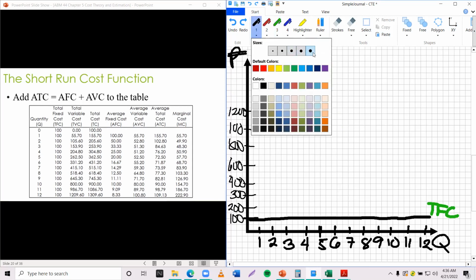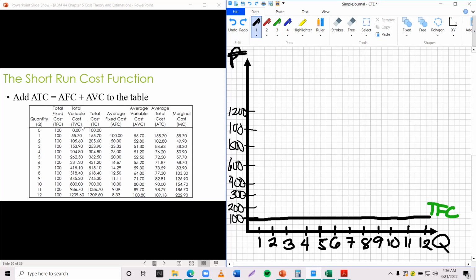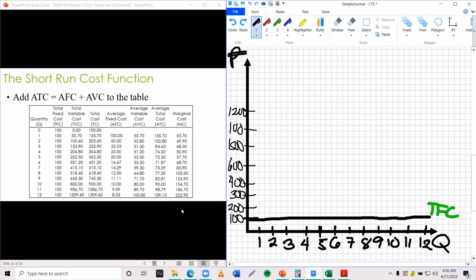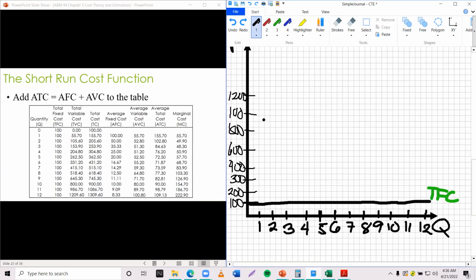So let's try to plot the other. What about total variable cost? So at quantity of 1, it is 55. So as you can see here, TVC. So that would be 55. So probably here, it is below 100. So let's assume this is how it would look like.